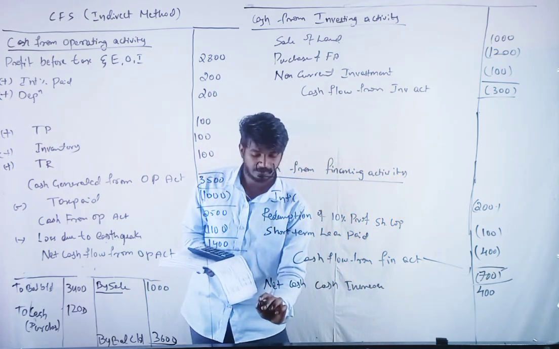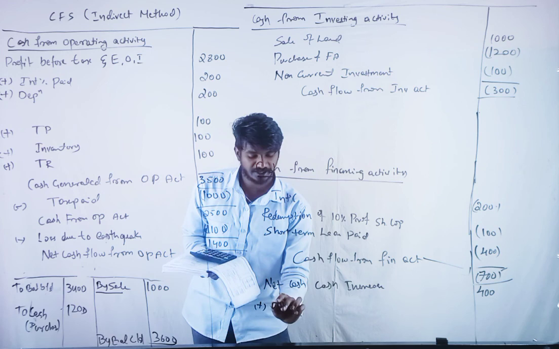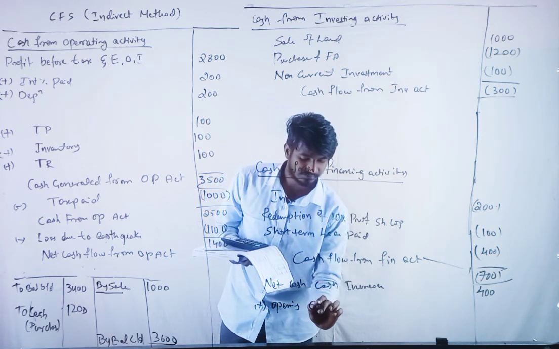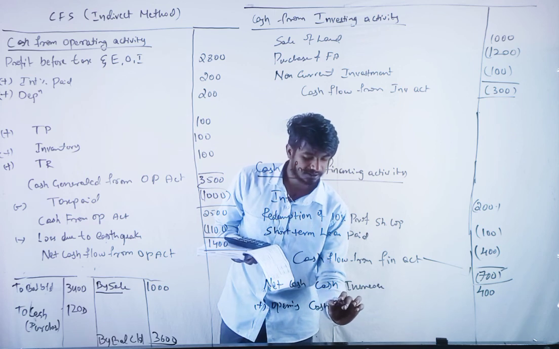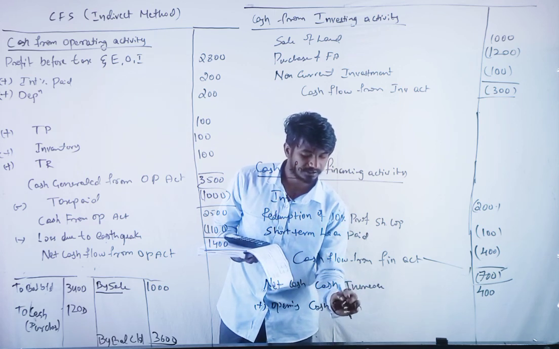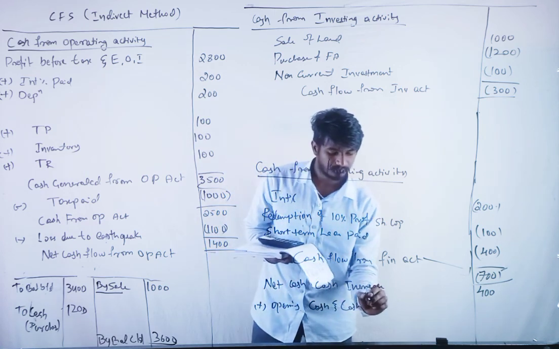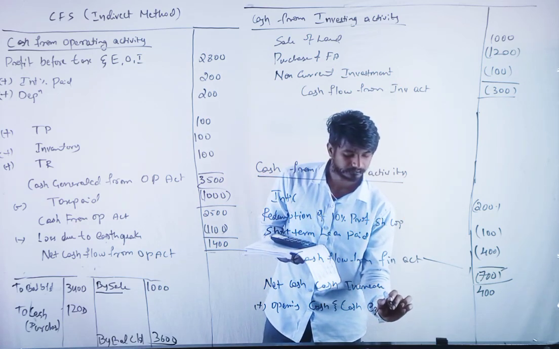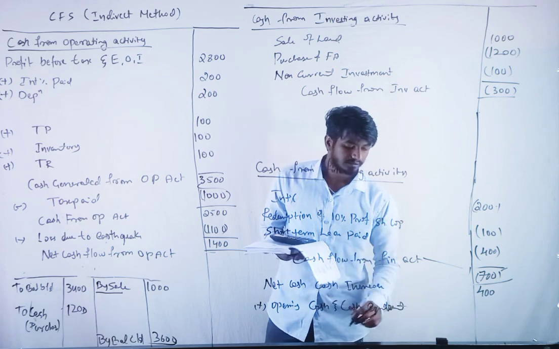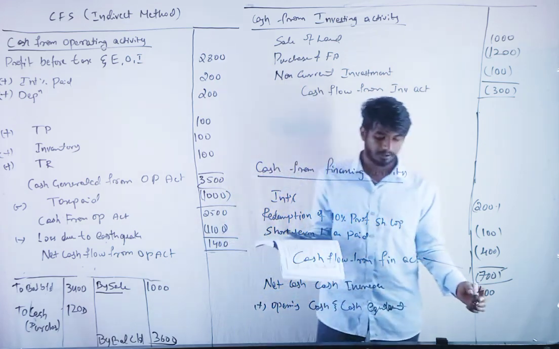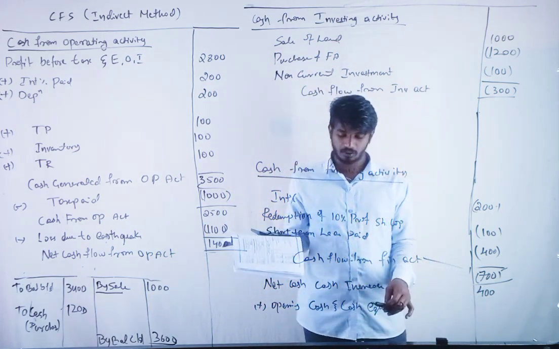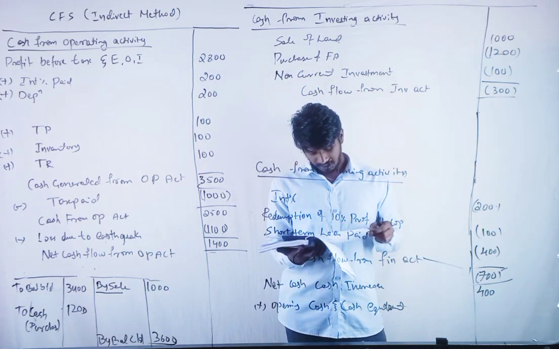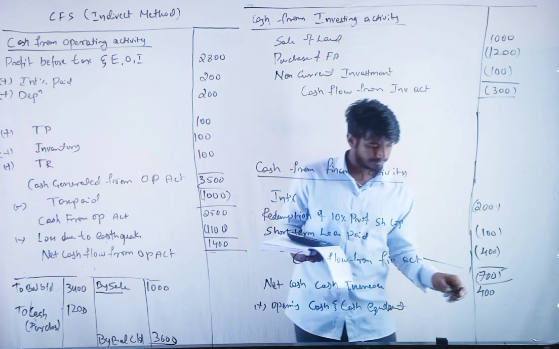Then we will add opening cash and cash equivalent. I'm not able to write that. Okay, opening cash and cash equivalent. How much have they given? 800.